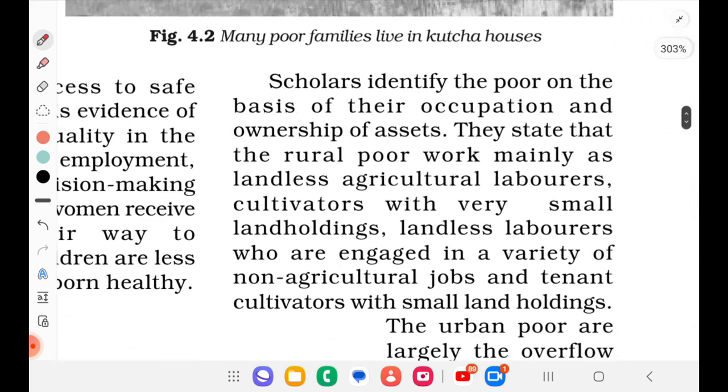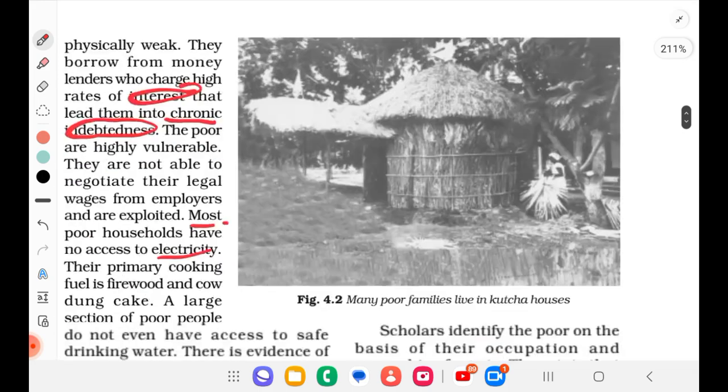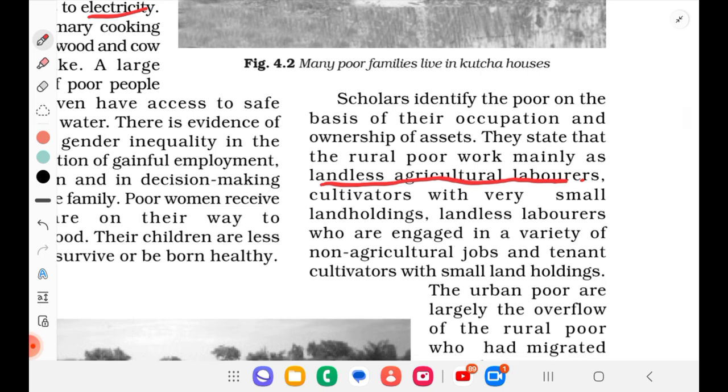Scholars identify the poor on the basis of their occupation and ownership of assets. They state that the rural poor work mainly as landless agricultural laborers, cultivators with very small land holdings, landless laborers who are engaged in a variety of non-agricultural jobs, and tenant cultivators with small land holdings.